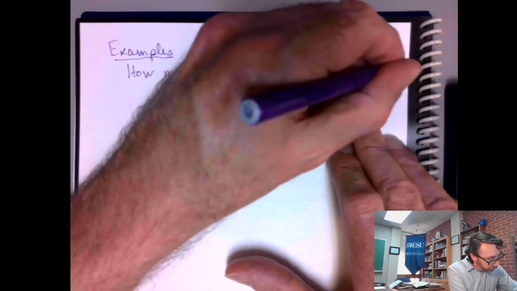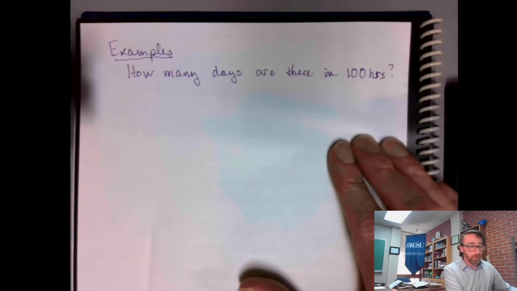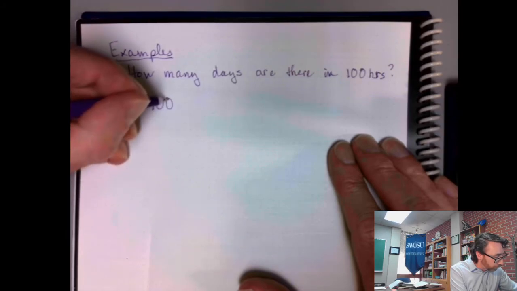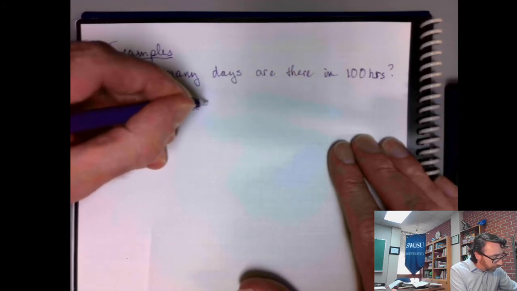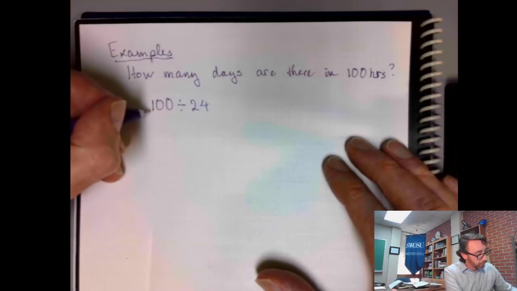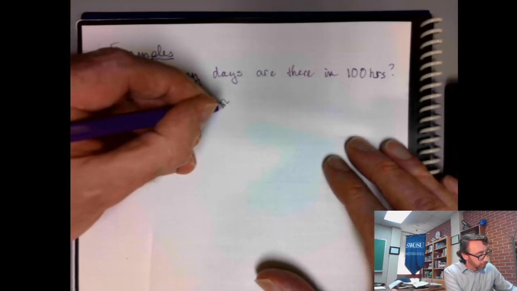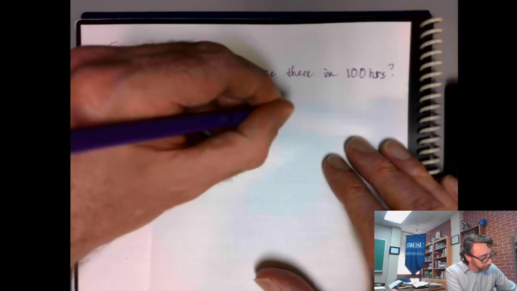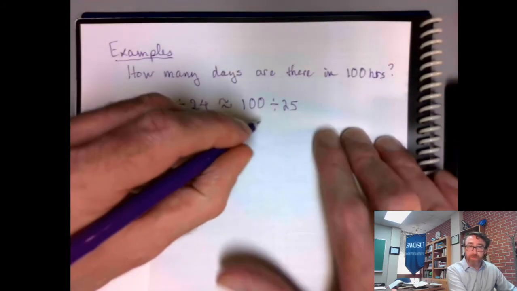How many days are there in 100 hours? So the actual answer I'm looking for is 100 divided by 24. Okay, now we might be able to do that, but this would be a much easier problem. Divide by 25.